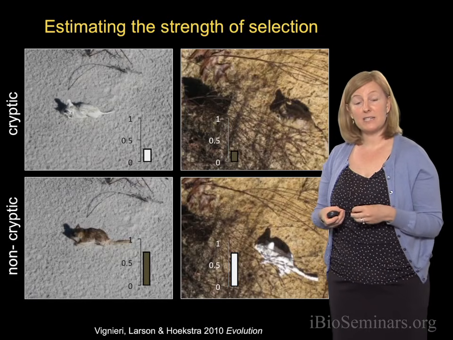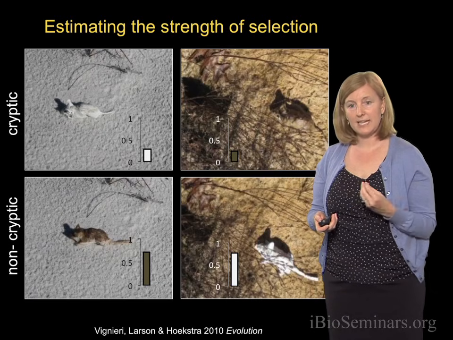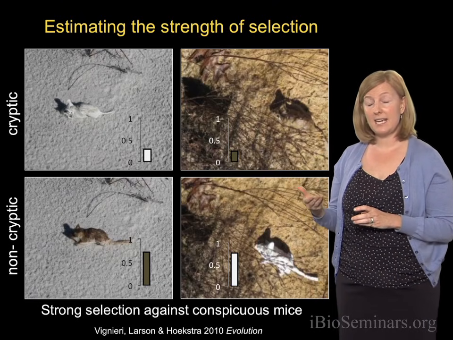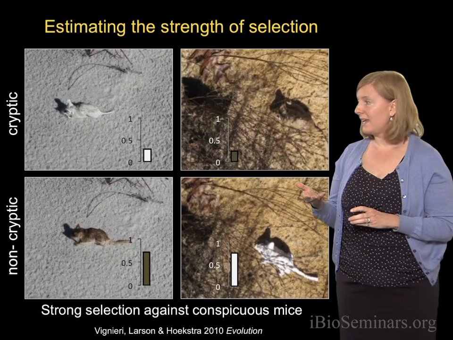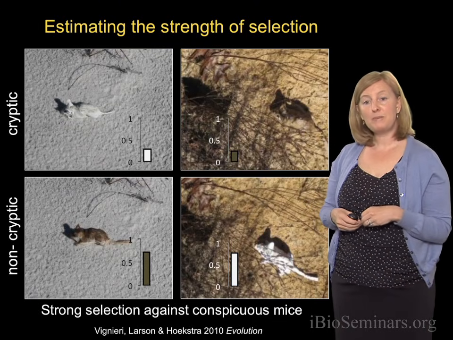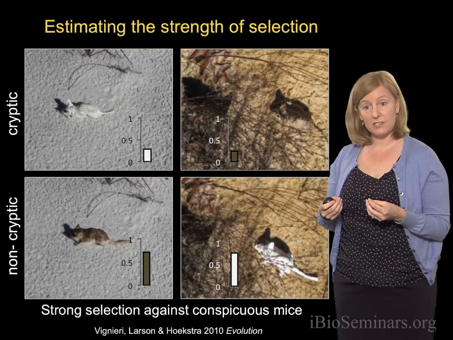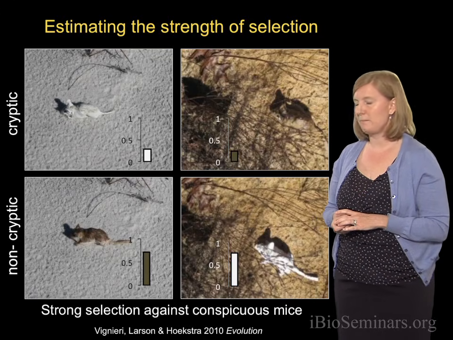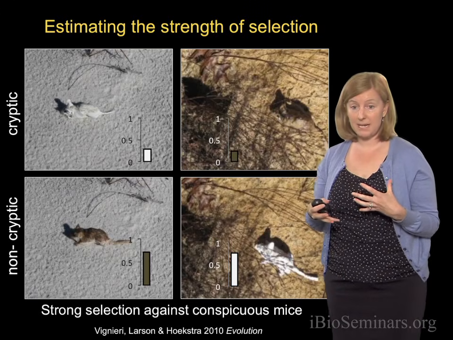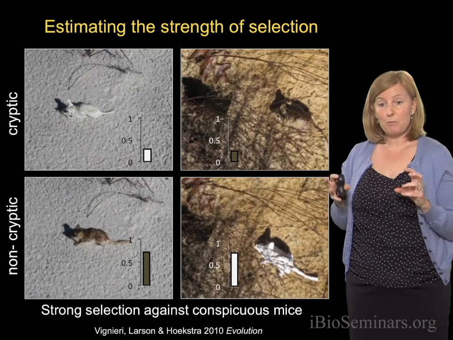We can take these numbers and sort of translate that into a selection intensity. I'm not going to go into details about this, but let me just say that color matters a great deal for these mice. And in fact, mice that match their habitat have about a 50% increased chance of survival compared to those that are mismatched. And the final thing I want to say, as I mentioned, we can tell in some cases who's doing the predating.